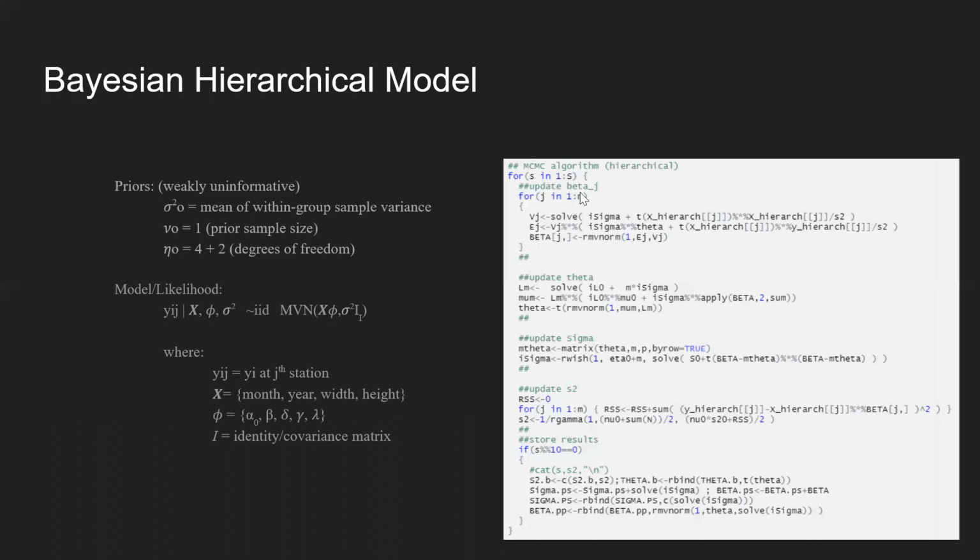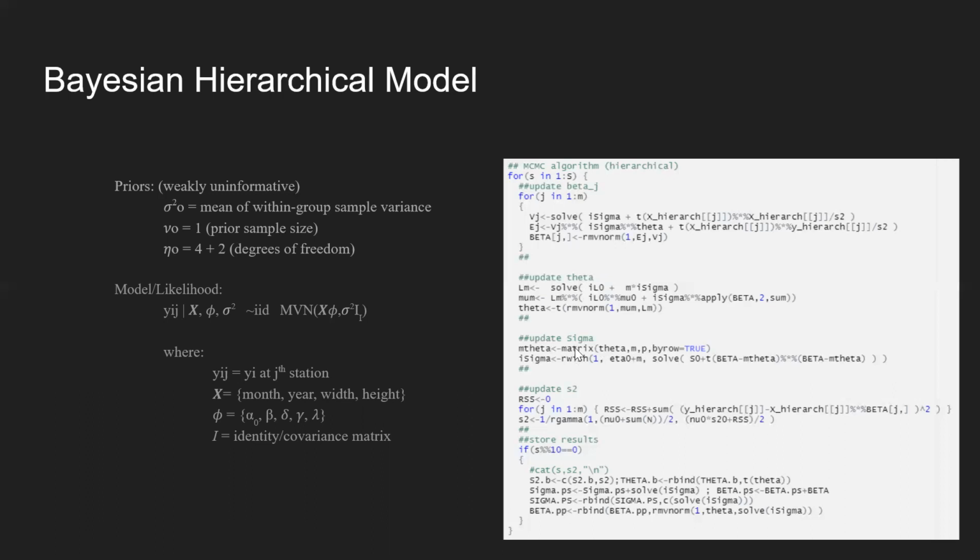And then after getting the betas within the stations, we update the data for the model with a multivariate normal distribution, and then update sigma, like the flow that we have in the previous Bayesian regression approach.